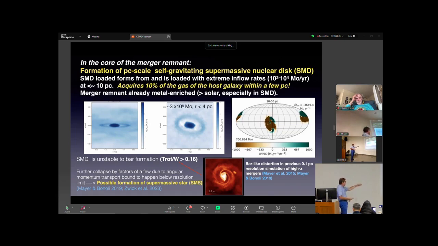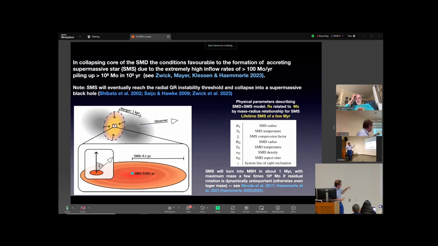And actually, the configuration is very similar to what is seen in atomic cooling halo simulations by people working more in the redshift range 15 to 20 in smaller objects, of course, at higher redshift. So it's another channel to form supermassive stars, similar to what has been argued for atomic cooling halos, but this happens in a system that is already metal-enriched and at a much lower redshift, below redshift 10.